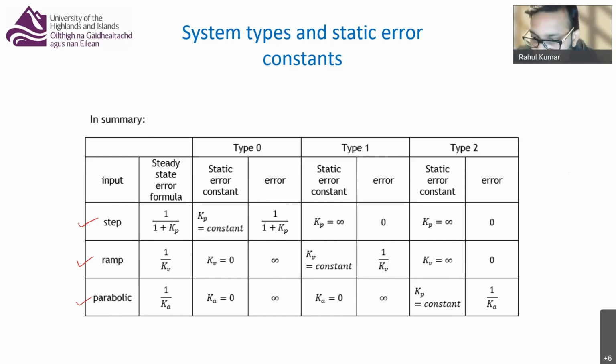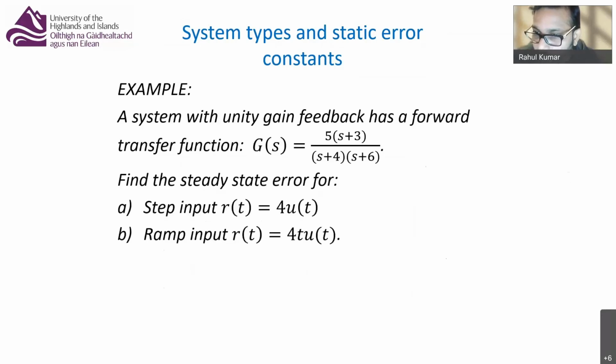Okay, so now let's quickly go through this example here. A system with unity gain feedback has a forward transfer function G of s, which is given here. And I have to find the steady state error for step input.